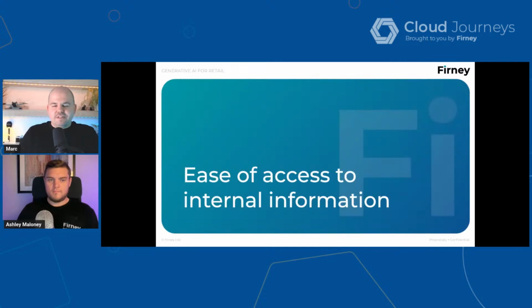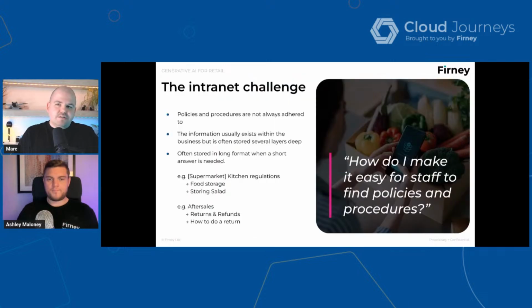So our first use case for today, we've got 6 of these, is ease of access to internal information. One of the challenges we can see generative AI solving is around policies and internal procedures. There is a lot of information that usually exists within a business around policies and procedures. Maybe it's recipes or how to do returns, how to do refunds, that sort of thing.